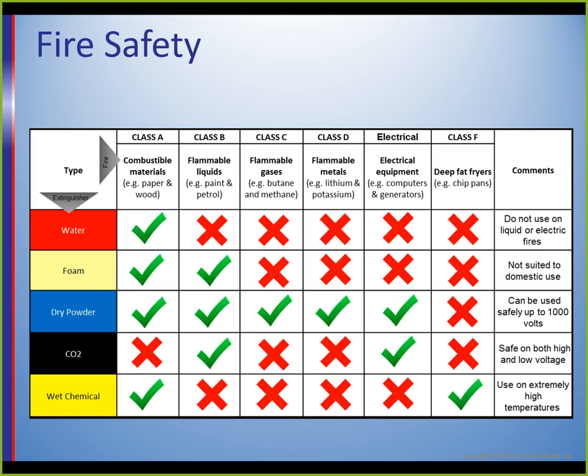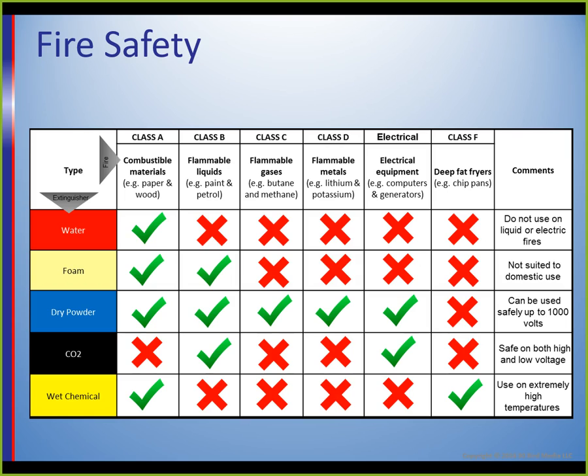The Class C, the flammable gases, dry powder. Class D, and these are a metal fire, a dry powder. Sand also usually a pretty good dry powder or sand can be used for those. The electrical, the dry powder, and the CO2. Problem with the dry powder is it tends to be corrosive.